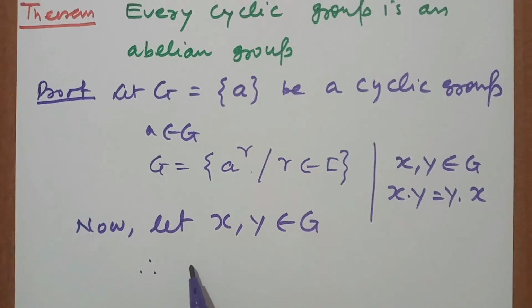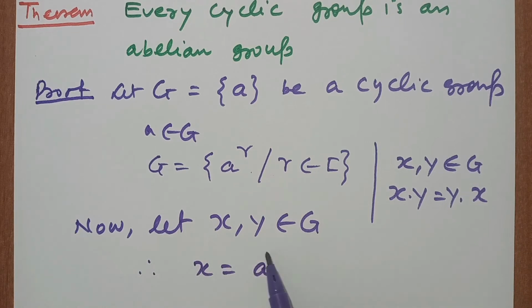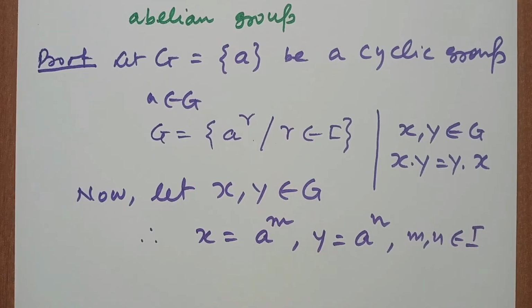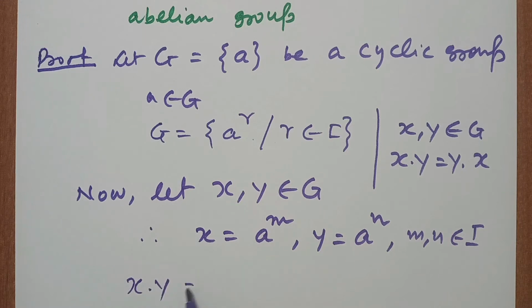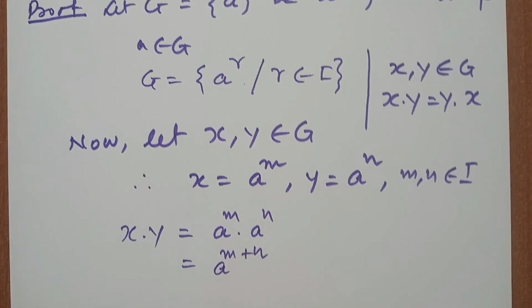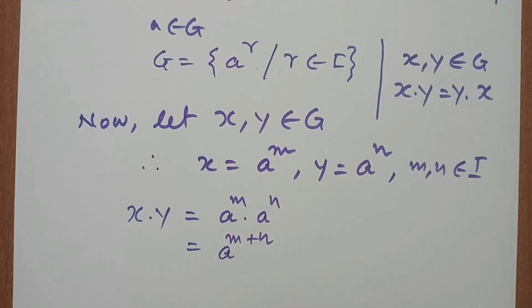So x equals a^m and y equals a^n, where m, n belong to I. So x · y equals a^m · a^n, which by the law of exponents is a^(m+n). Since integers are commutative, 2 plus 3 equals 3 plus 2, so this can be written as a^(n+m), since m plus n equals n plus m.